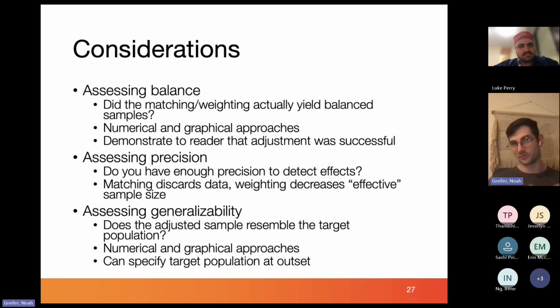When you perform matching or weighting, it's possible for the sample that you're left with to not resemble the population that you want to generalize your inference to. For example, maybe the matching restricts your sample only to people who are very young, but you want to make an inference about the average effect across all ages. In that sense, matching was not successful at ensuring generalizability.